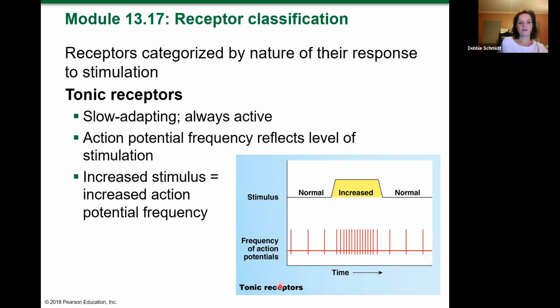Here in this graph, you can see that when everything is normal at homeostatic levels, this receptor is firing every so often. And when some kind of stimulus is applied, it's going to fire faster, faster, faster. Take the stimulus away, and it goes back to its regular spacing of firing.